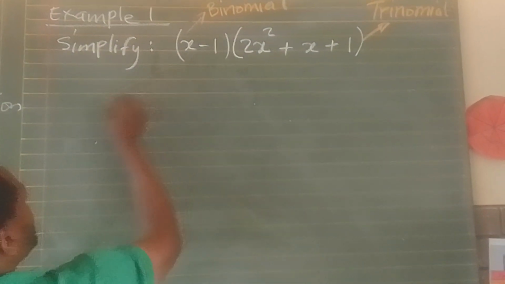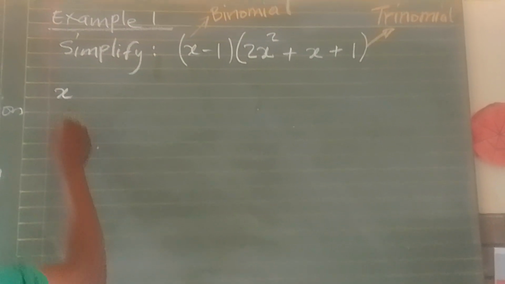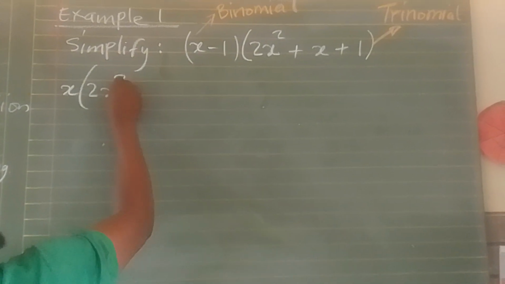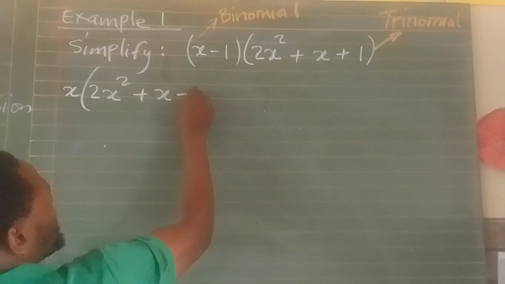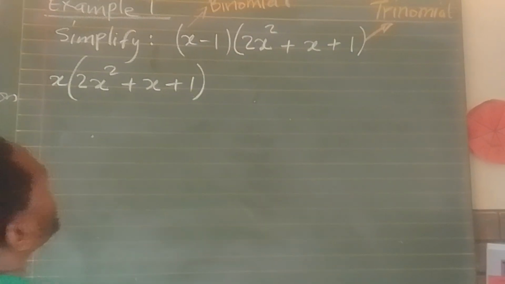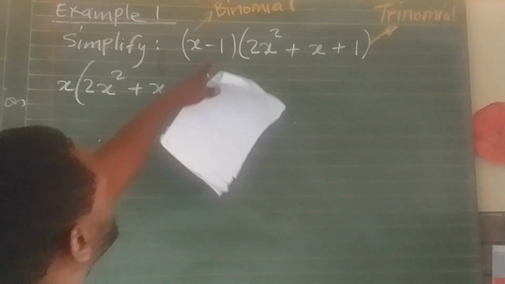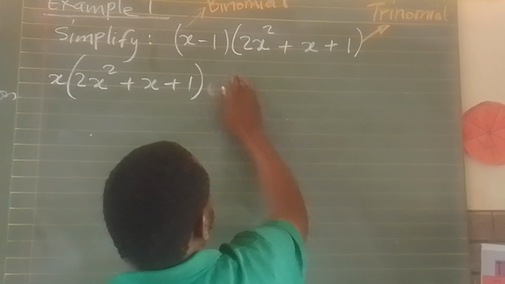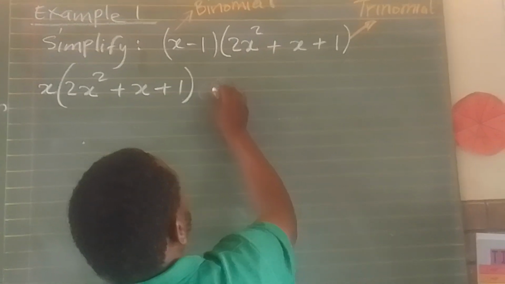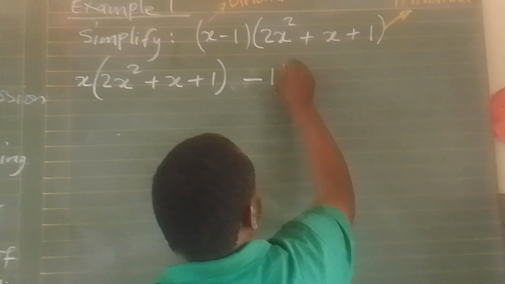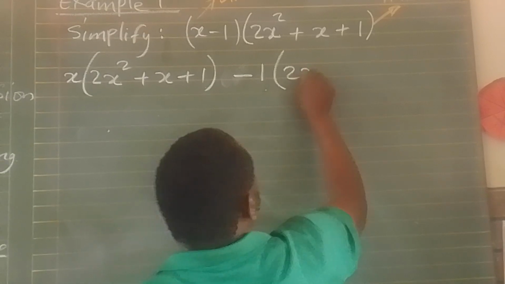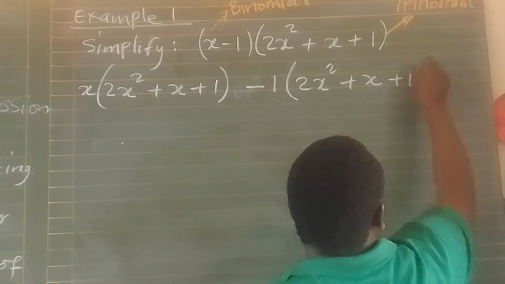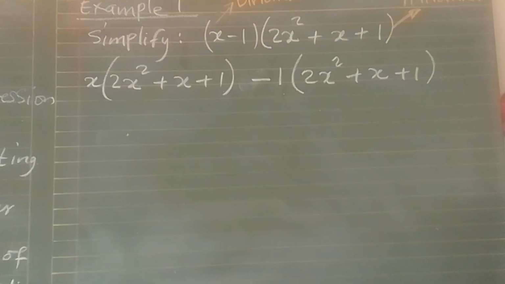We grab the first one, which is x, and distribute it to 2x squared plus x plus 1. You come and take minus 1. This is a minus; it does not multiply here. Distribute minus 1 to 2x squared plus x plus 1.